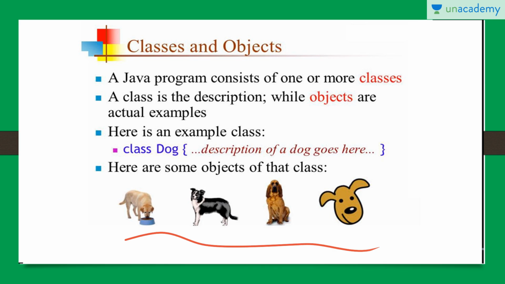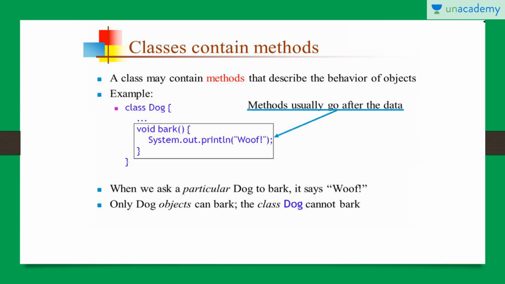Now let me tell you what we can include in classes. Classes may contain methods that describe the behavior of objects. So basically in a class we can describe some methods which will describe the behavior of objects. Like I have already told you, a dog can bark.